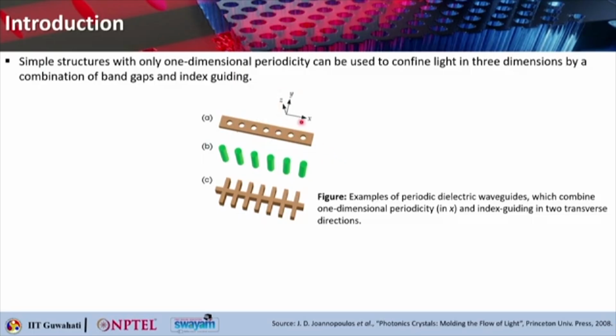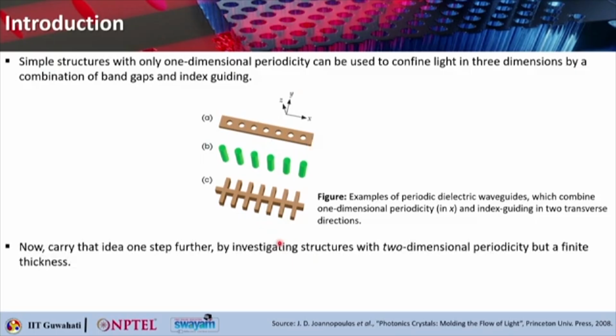So these are the x, y and z directions marked here. You can see that each of these structures has one-dimensional periodicity in x, and they are supported by index guiding in the other 2 transverse directions.